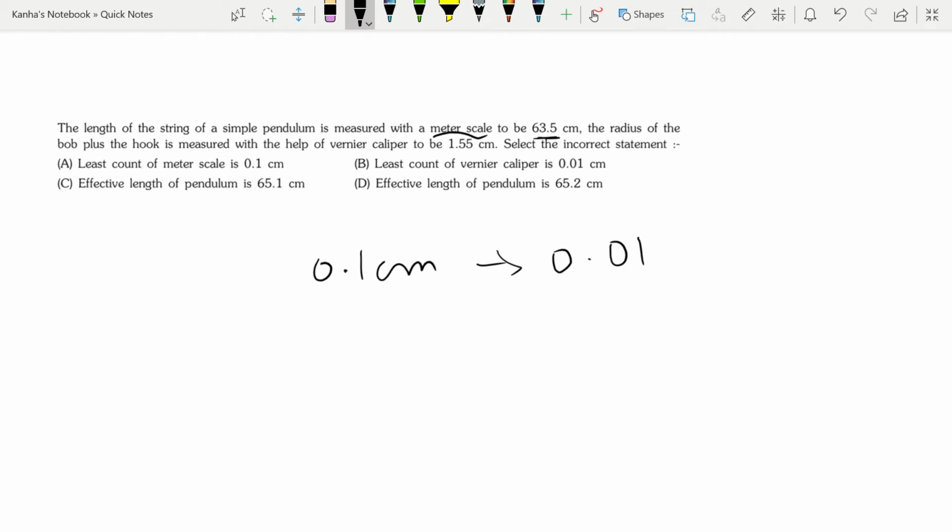Alright, effective length of the simple pendulum is what? It is 63.5 plus 1.55, which is equal to 65.15.